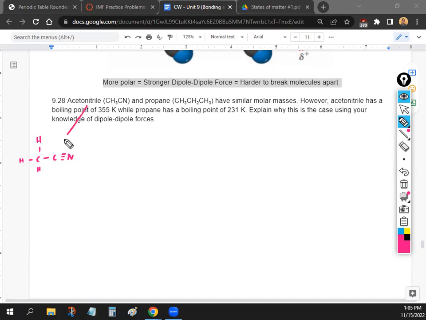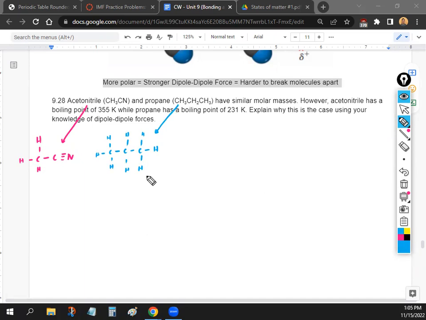That's acetonitrile. Propane, on the other hand, is gonna look something like this: CH3, CH2, and then CH3. So that's what the structures of these compounds are gonna look like.